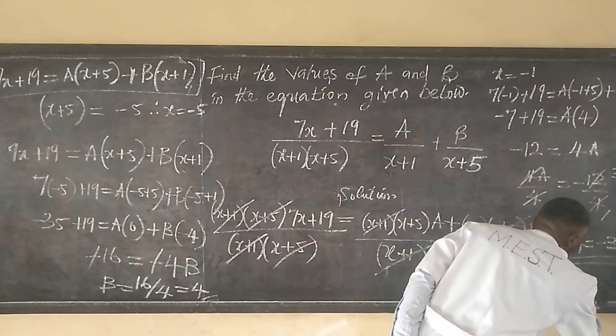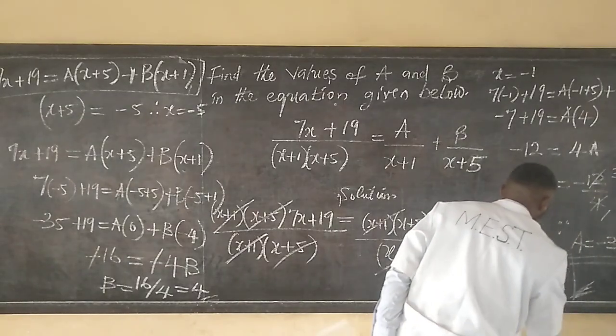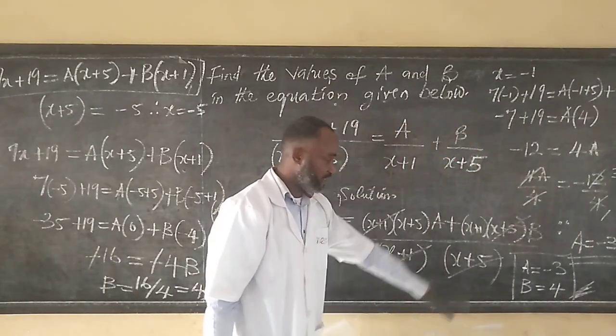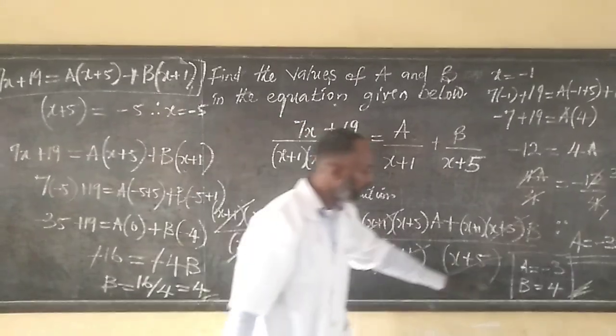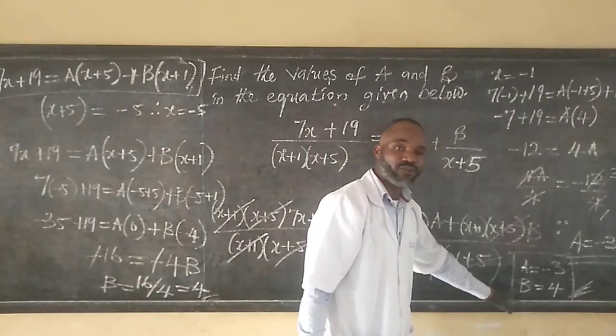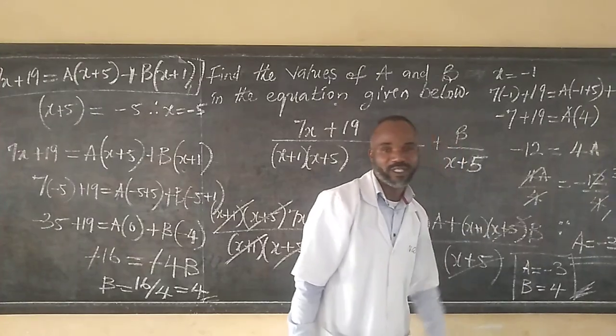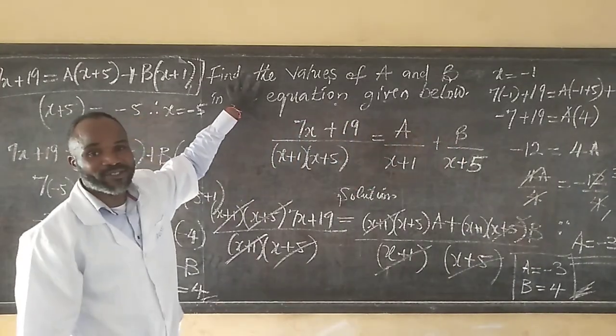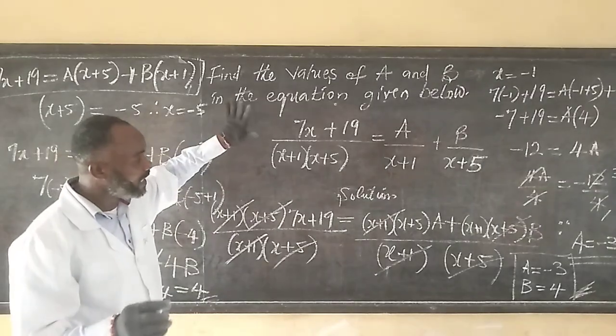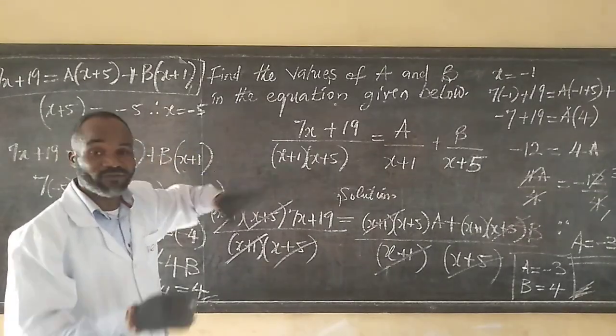Solved. So our final answer is this. We have been able to find the values of a and b to be minus 3 and 4 respectively. At this point, we have answered this question. We have vividly answered this question and it's very clear.